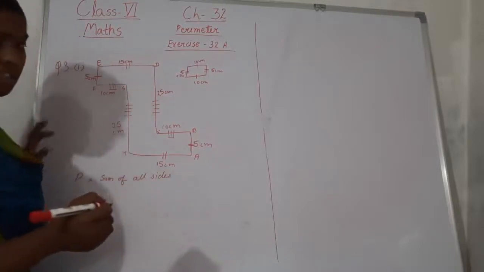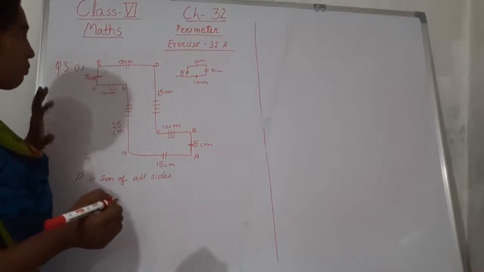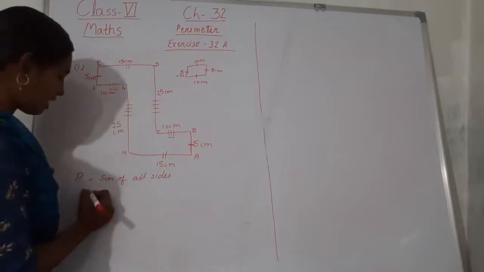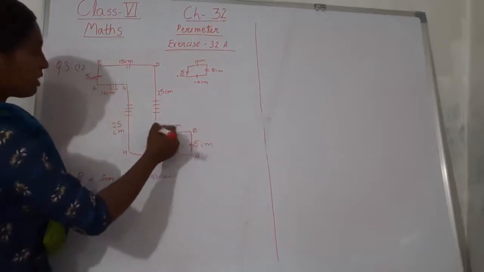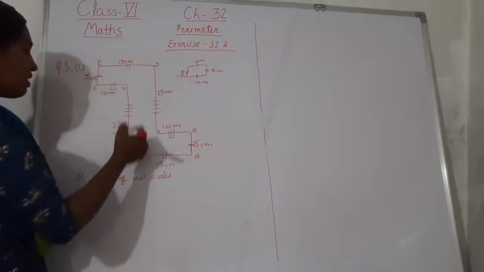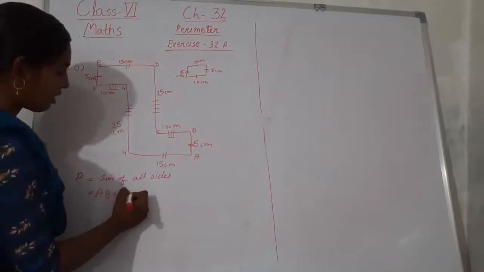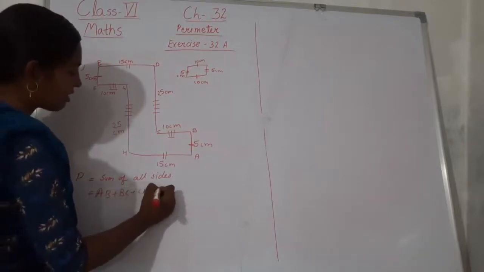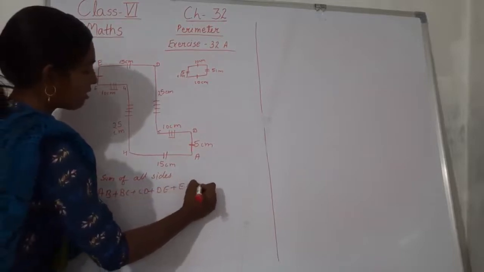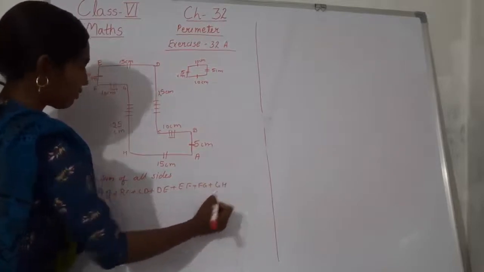If a triangle or regular figure is not given, you can write the perimeter formula as the sum of all sides. Now AB plus BC plus CD plus DE plus EF plus FG plus GH, only this much.